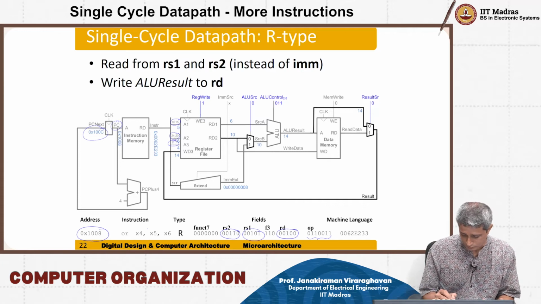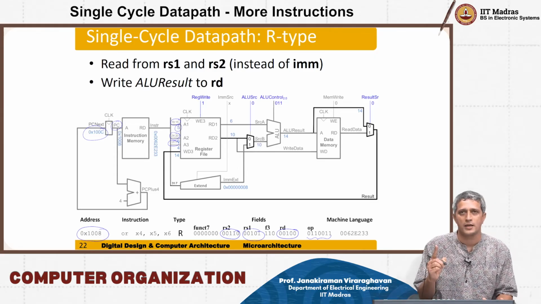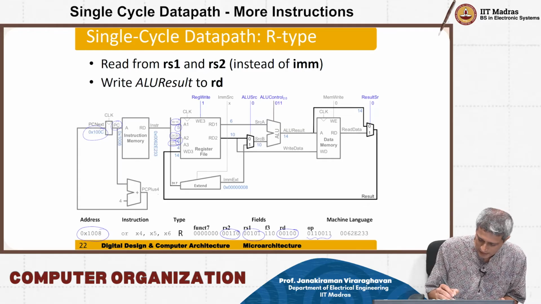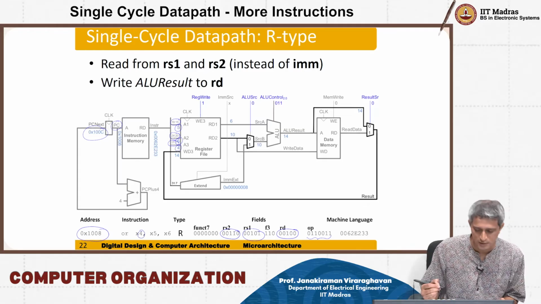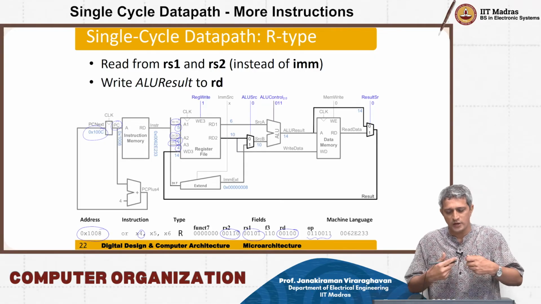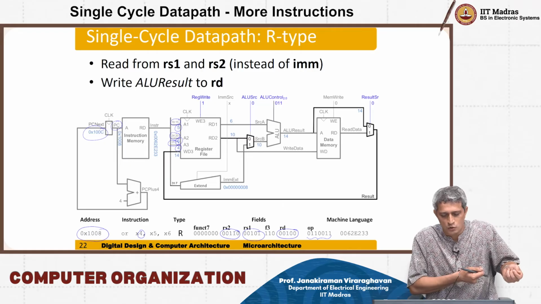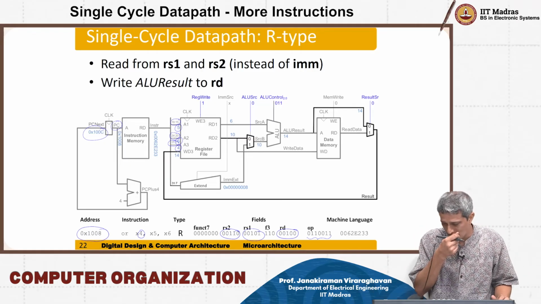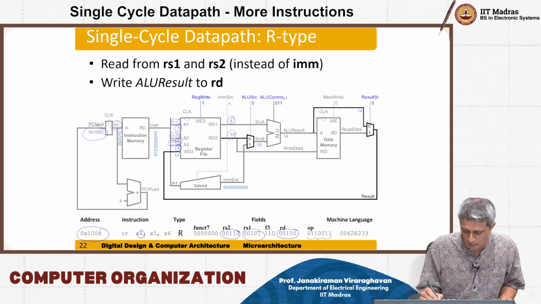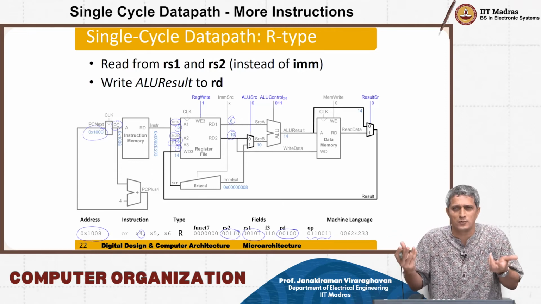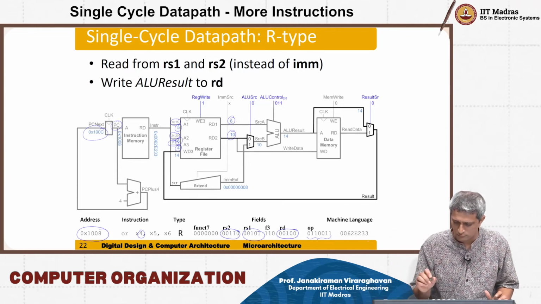Therefore, A1 is 5, RS1, A2 is 6, and A3, the destination, is 4, register X4, right. So you are giving these two addresses, and you are going to get the data on RD1, RD2, right. The contents of those registers happen to be 6 and 10, okay. So we will not worry about that right now.